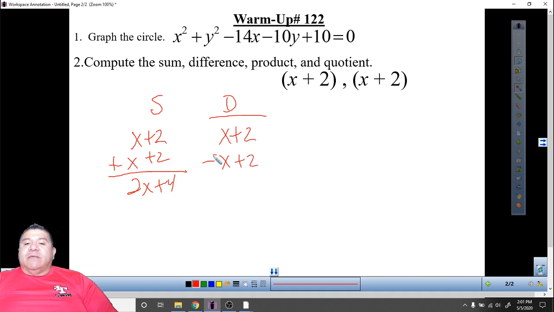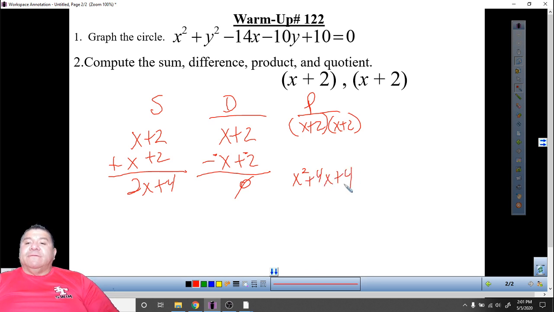The minus means this becomes negative, this becomes negative, so we end up with 0. Product, so we need to multiply x plus 2 times x plus 2, distributive property, and we end up with x squared plus 4x plus 4. And quotient, quotient implies what? Division. That is correct. So we end up with x plus 2 over x plus 2.